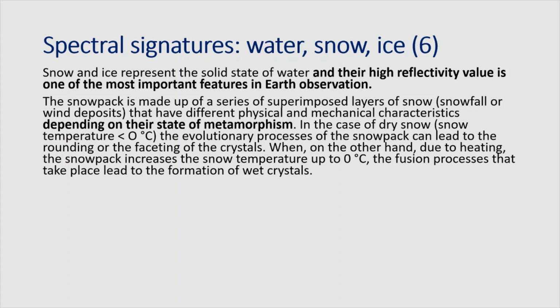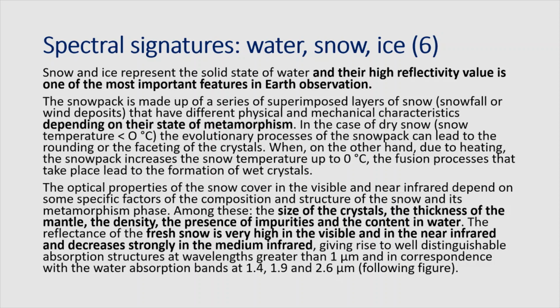When, on the other hand, due to heating, the snowpack increases the snow temperature up to 0 degrees Celsius, the fusion processes that take place lead to the formation of wet crystals.